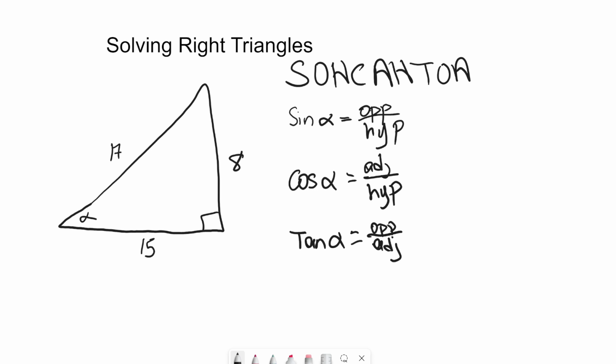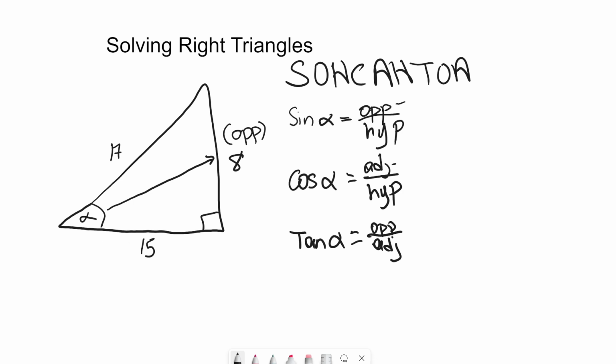Now, here we have our alpha. Recall that alpha is what's going to determine our opposite side and our adjacent side. Since alpha is here, the side that's directly opposite, or facing alpha, is your opposite side.